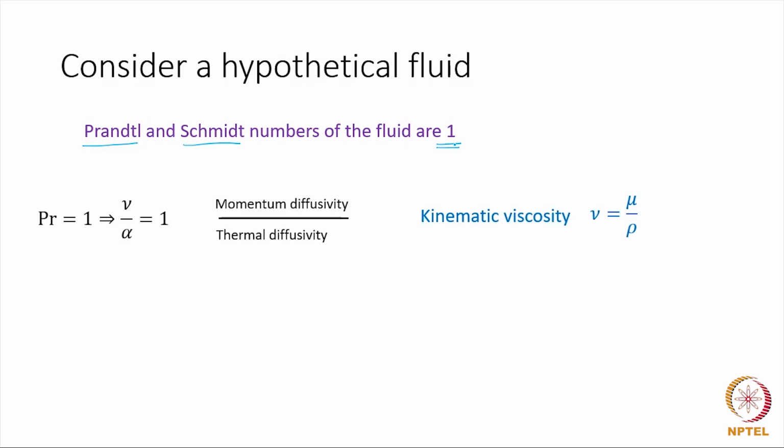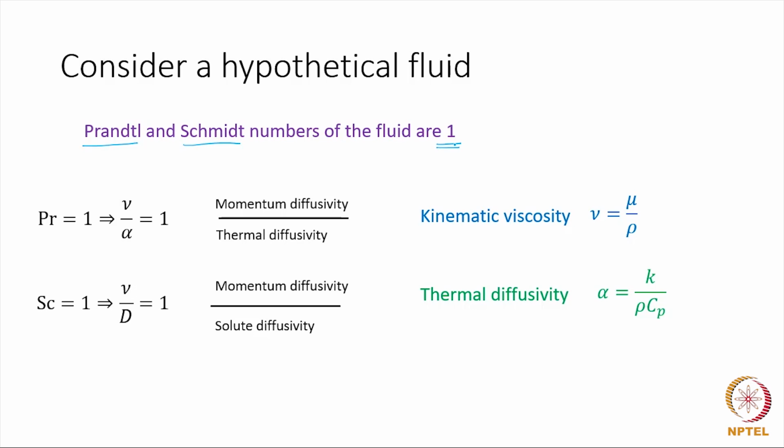So nu is basically kinematic viscosity, defined as dynamic viscosity mu by rho, which is the density of the fluid, and the denominator, thermal diffusivity alpha, is equal to K by rho Cp. Metals, liquid metals, are known to be low Prandtl number fluids. Now Schmidt number is defined as the ratio of momentum diffusivity to solute diffusivity, and so when we say that both Prandtl number and Schmidt number are the same, what we mean is that these ratios, mu Cp by K as well as mu by rho D, are 1, which naturally means that the properties are now being defined.